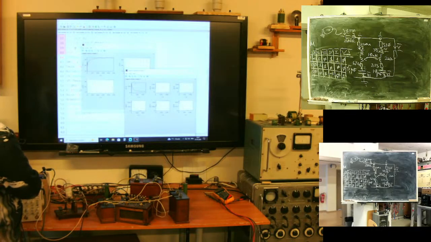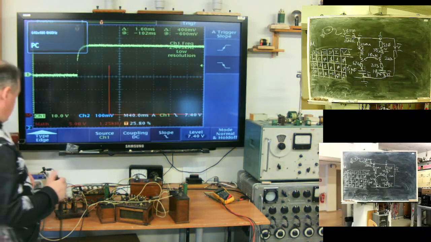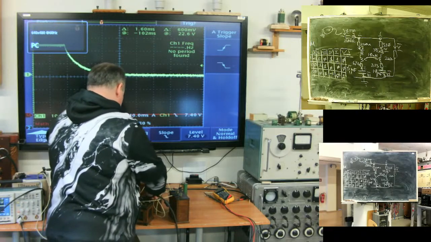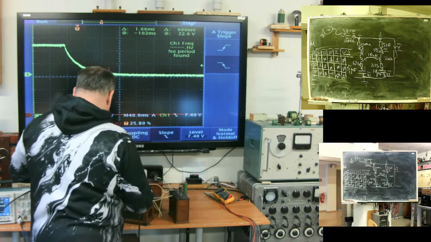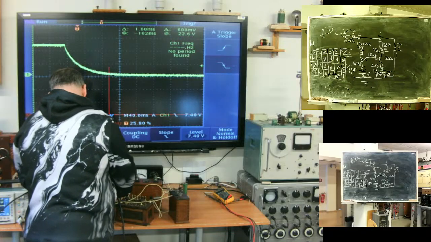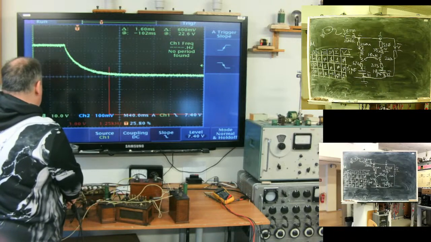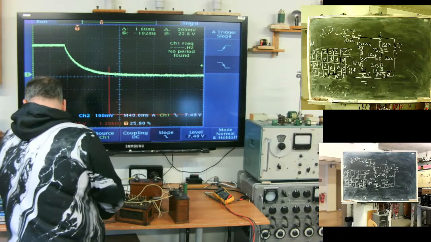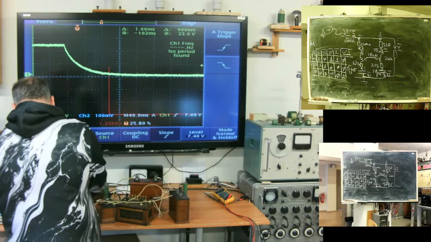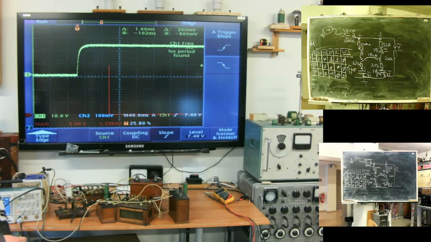Next one, node 2. Node 2 is at the capacitor, 5 microfarad capacitor. Here is voltage at node 2. Is it what we expect?